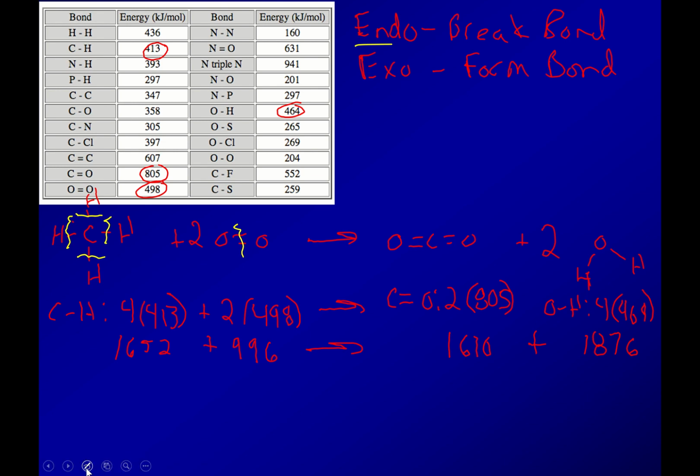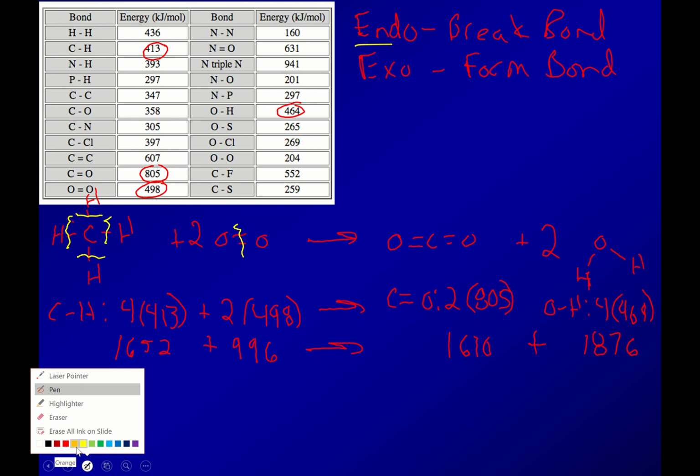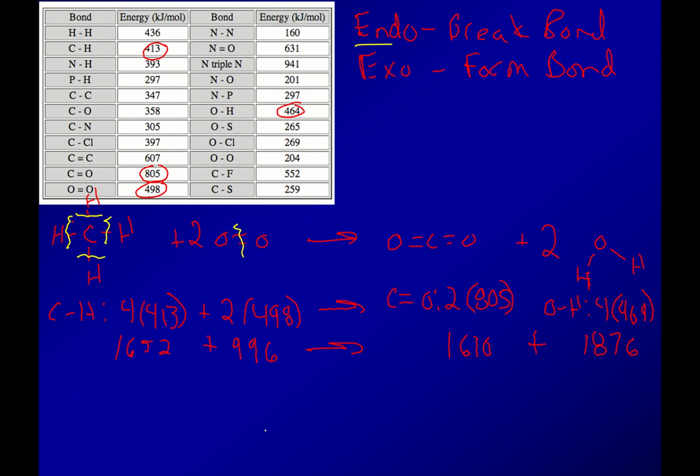We have the forming of new bonds. Remember, those are exothermic reactions. Those release energy. Whenever those carbon and oxygen atoms come together, it releases energy. Then we release more energy in those exothermic reactions.